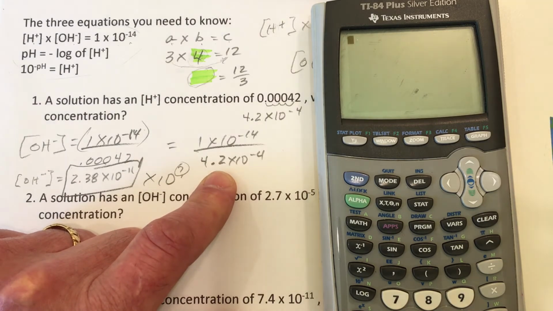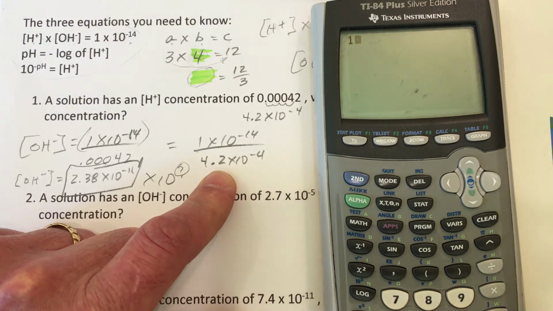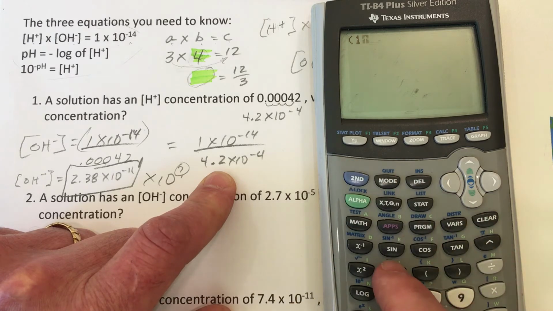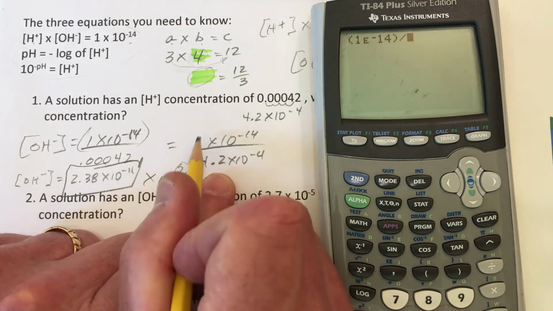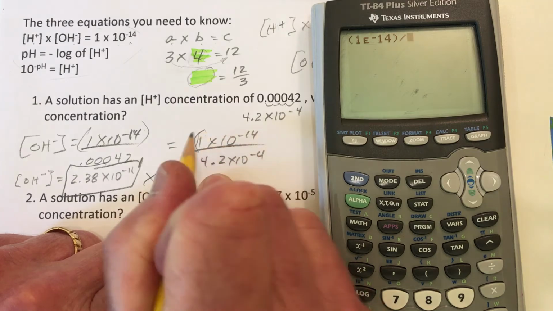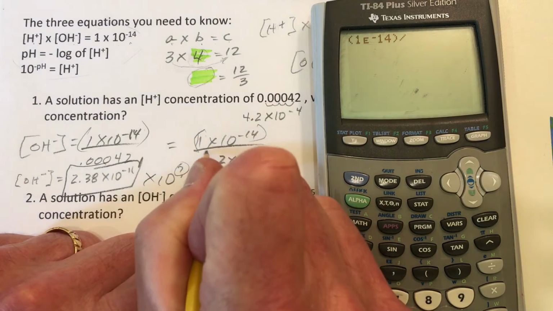Once again, I'm going to type in 1. Oops, I've got to use my parenthesis. Okay, parenthesis 1. Second, EE to give me the times 10 to the, and now the negative button down below, 14, close parenthesis, divide by, use my parenthesis again. Make sure you put parentheses around them.